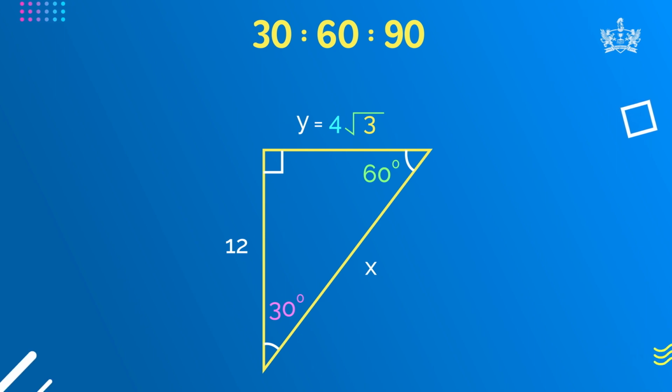Then, to find the hypotenuse, we just double it. So then, 2 times 4 root 3 is 8 root 3. And that's it. If you didn't get it right away, don't worry. With enough practice, it will become second nature.